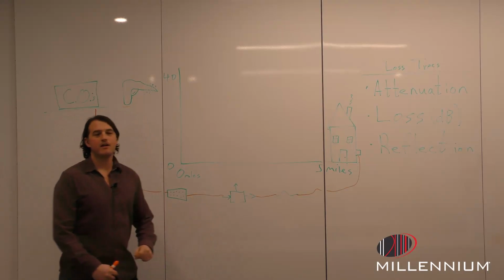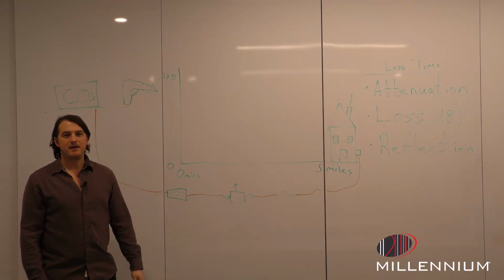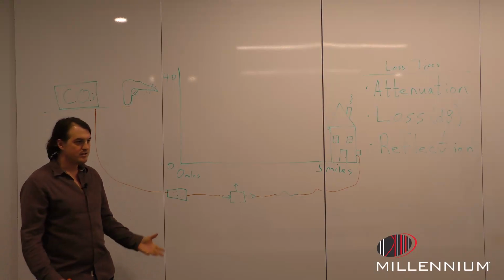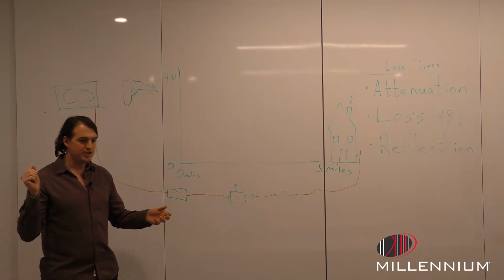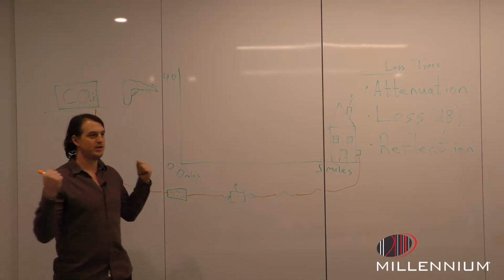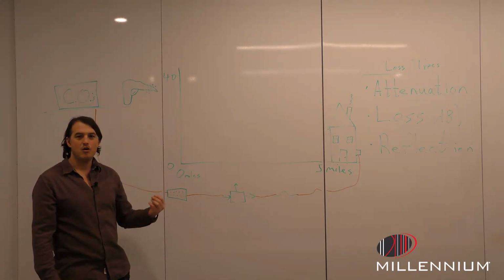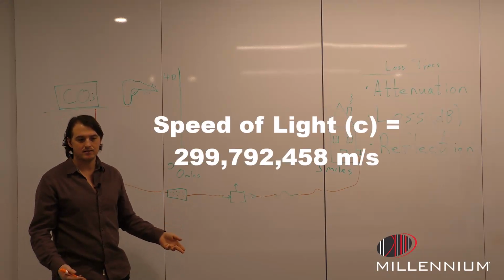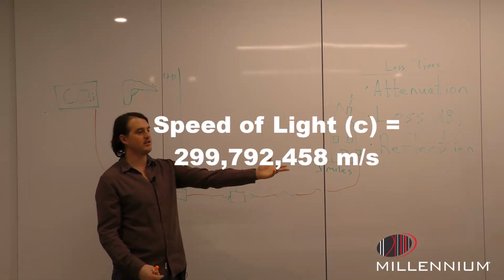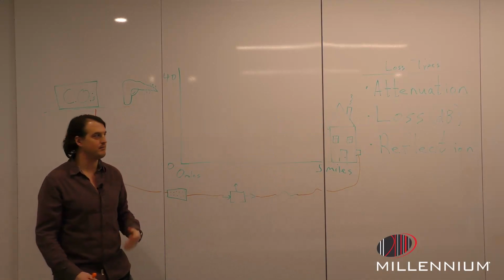So first off, an OTDR is basically an expensive stopwatch. You tell the machine go, and it starts shooting a spitball of light down the fiber cable. And it knows what the speed of light is. So it's timing: how long does it take for this spitball to get back to me?